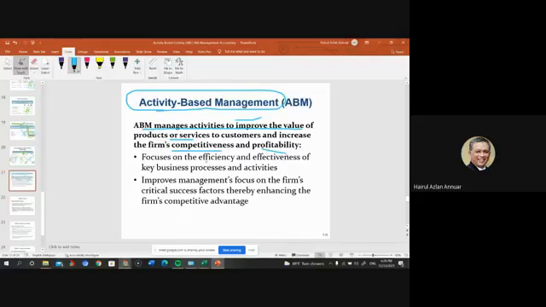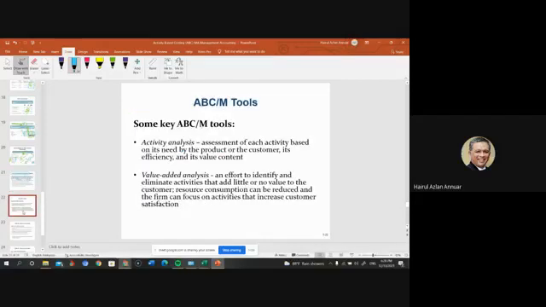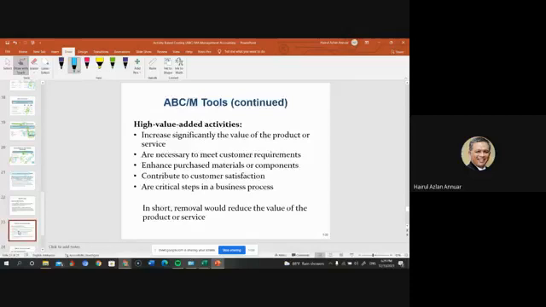Next, we have seen activity analysis just now, right? They have to go down to the factory, interview people, and observe to find out what activities there are. Value-added analysis is how to improve or further expand the value-added activities in order to give us competitive advantage.